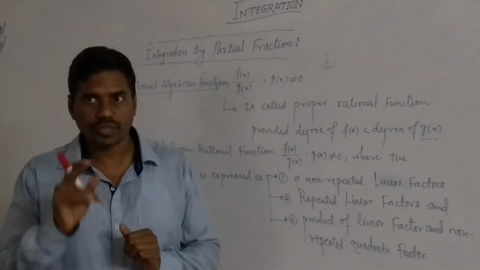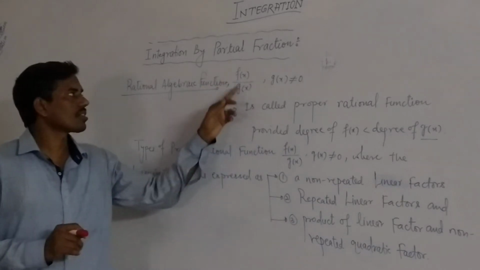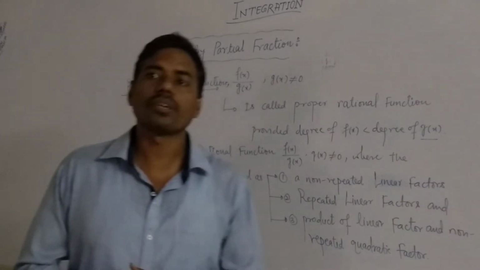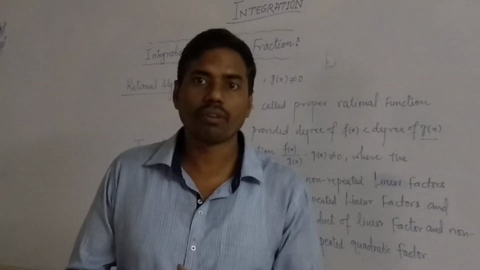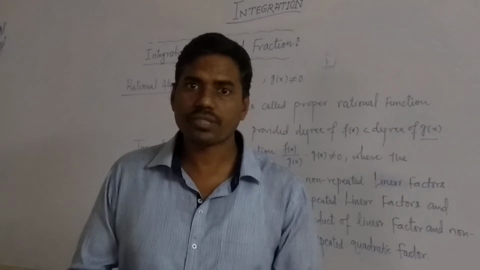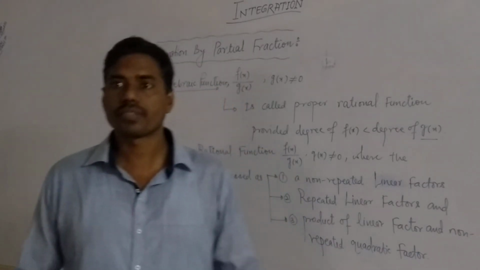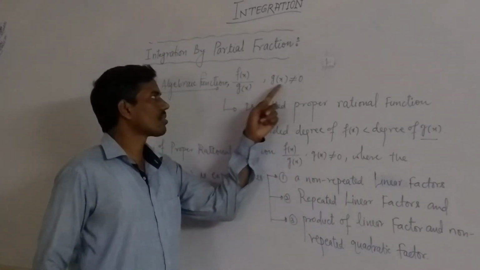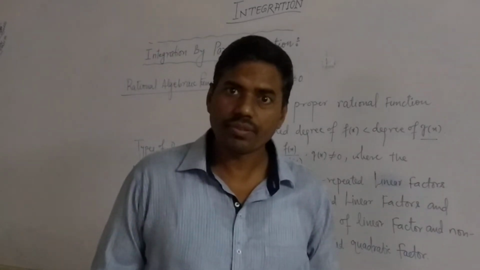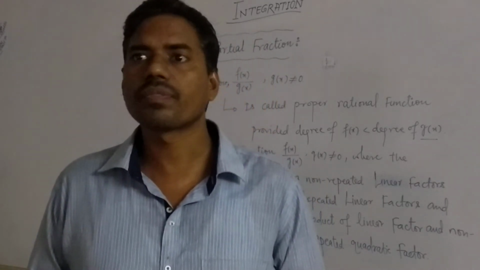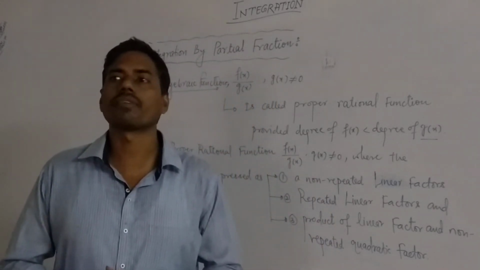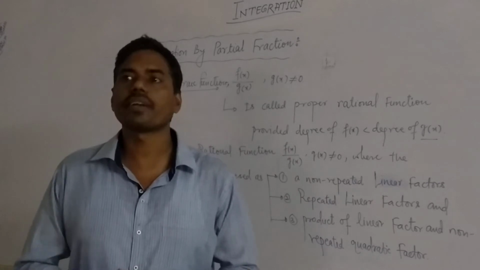Clear students? We know that f of x upon g of x is a fraction of two functions f of x and g of x such that g of x not equal to 0. Why? Since if g of x is equal to 0, then something divided by 0 is non-defined, means infinite.